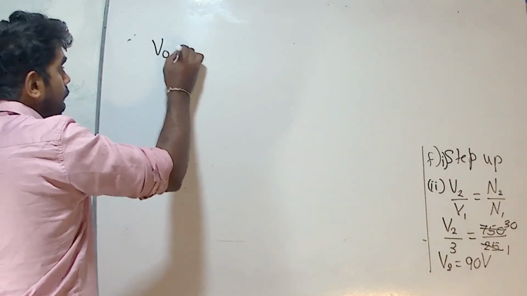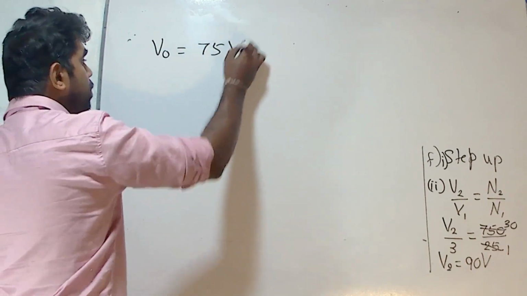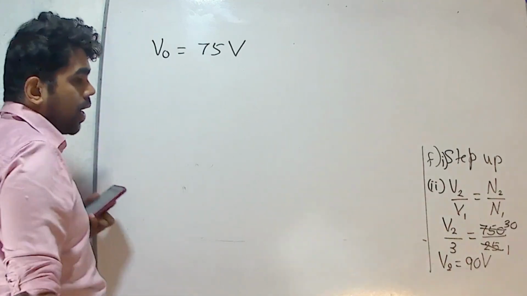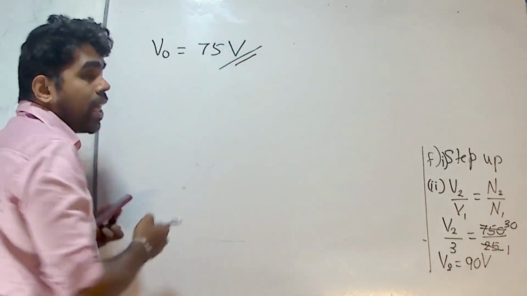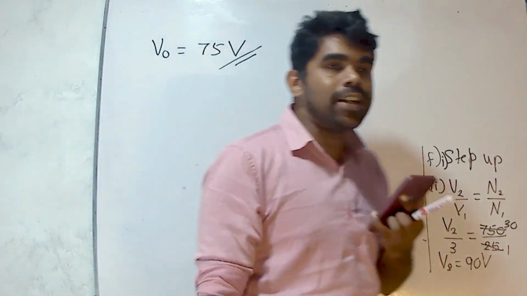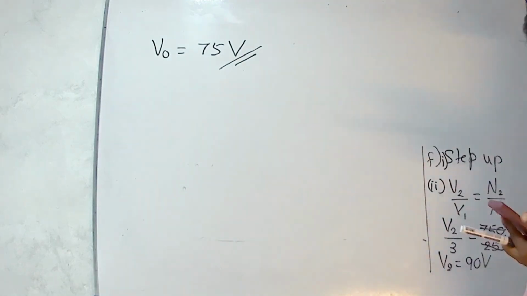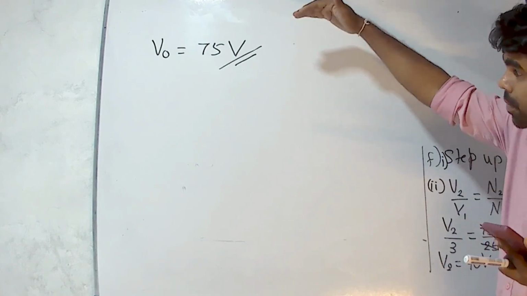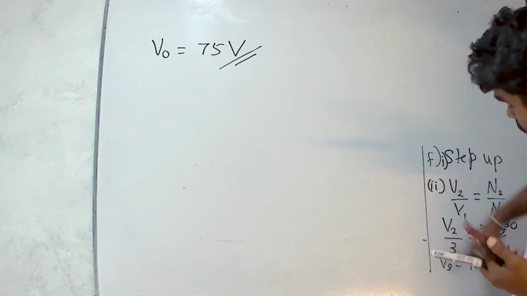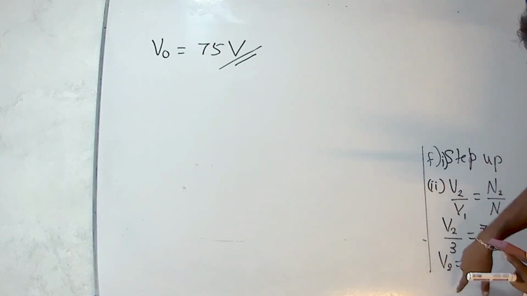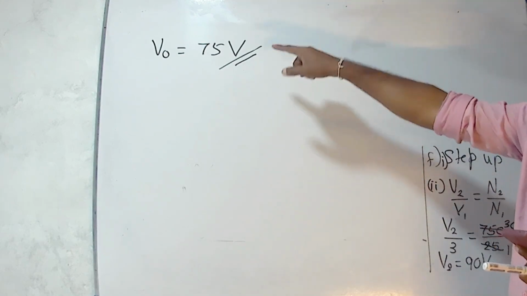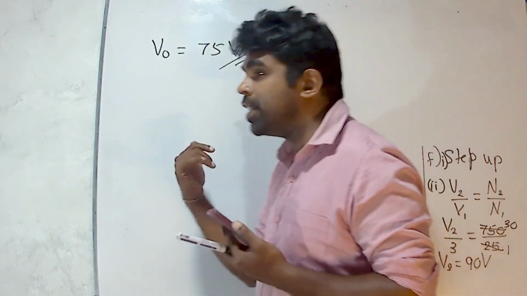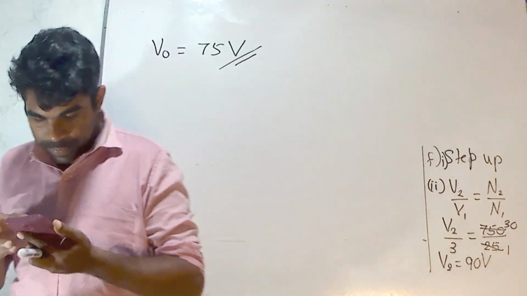Therefore, we have to get the output voltage as 75 volts. The function of the Zener diode is acting as a voltage regulator. Voltage regulator means it is not allowed to increase the voltage more than the Zener voltage. The voltage is 90, greater than the Zener voltage, but the Zener diode is controlling the voltage such that the output voltage is 75.